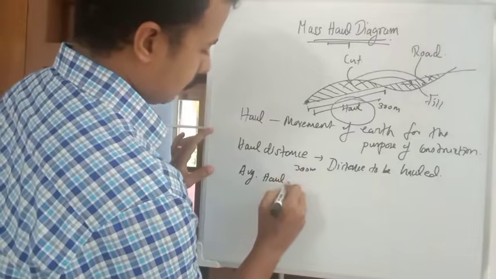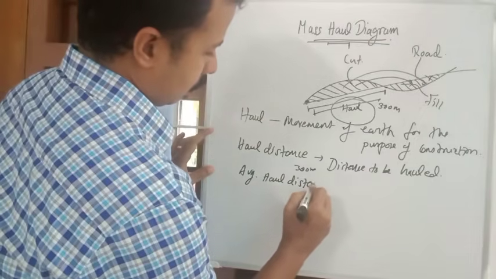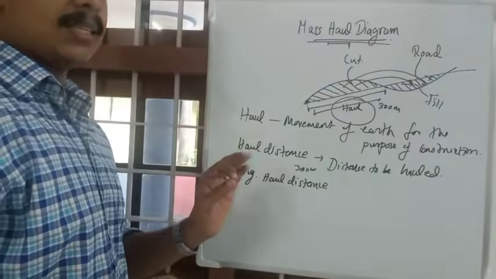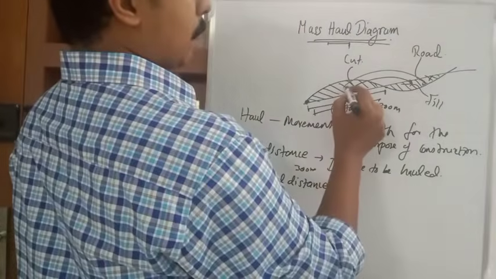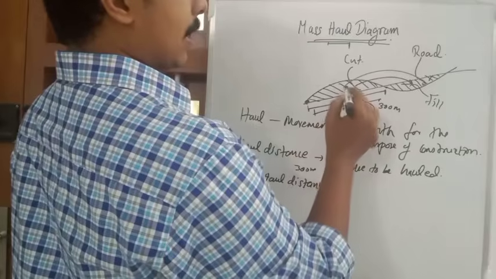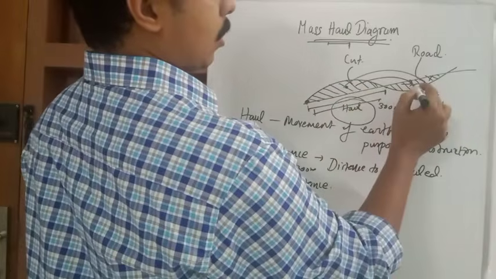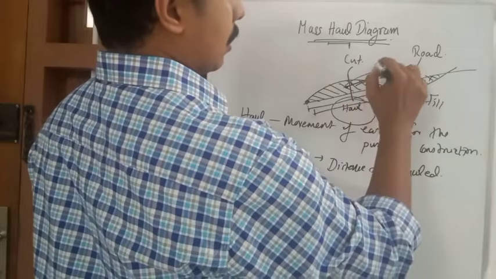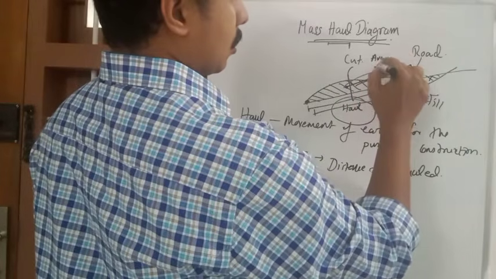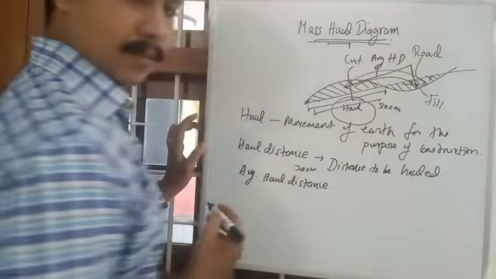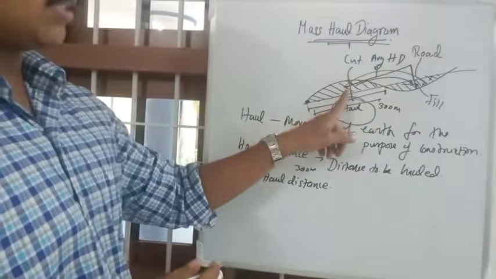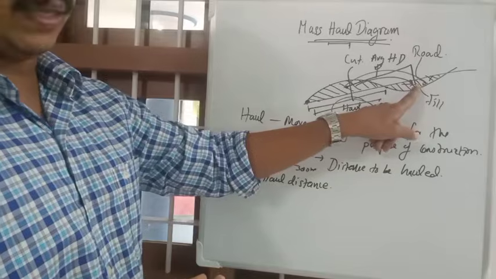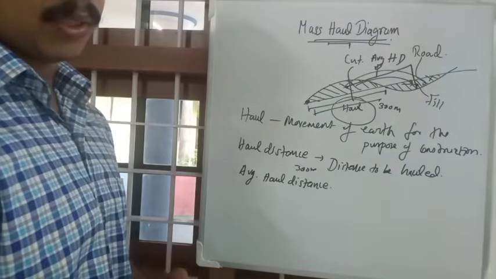Average haul distance is the distance between the center of mass of cutting to center of mass of filling. That is average haul distance. It's the distance between center of mass of cutting to center of mass of filling. That is average haul distance.